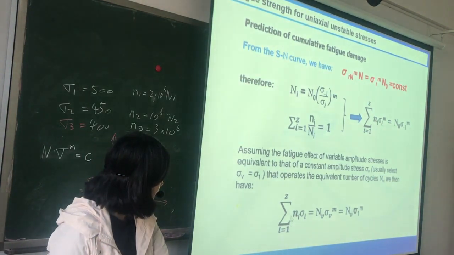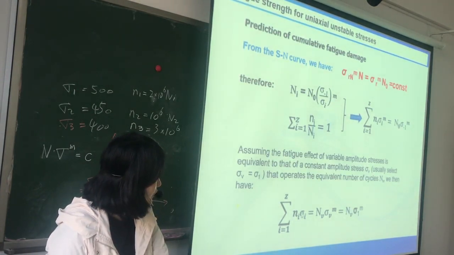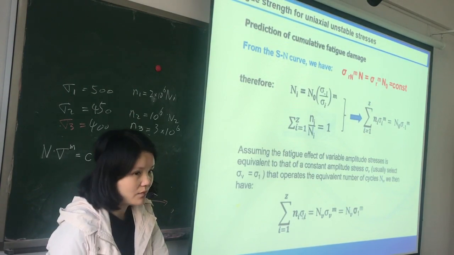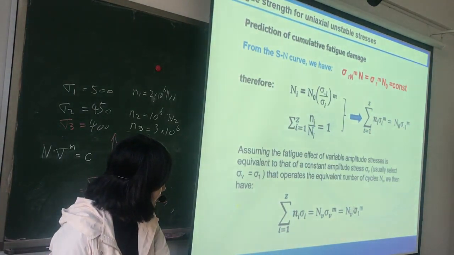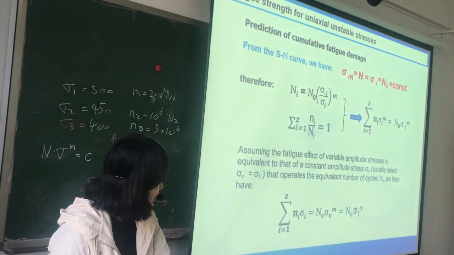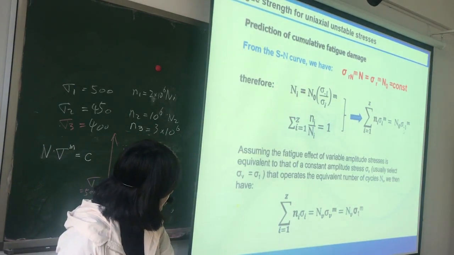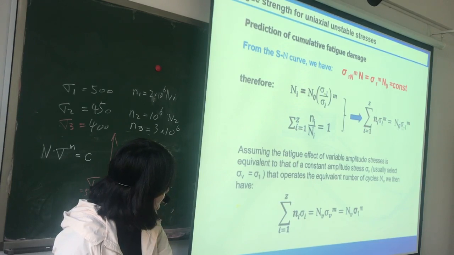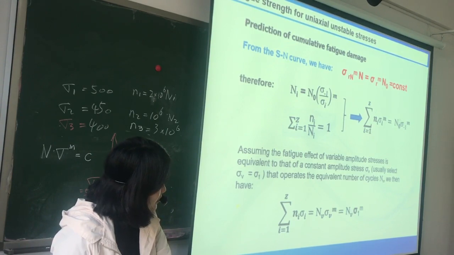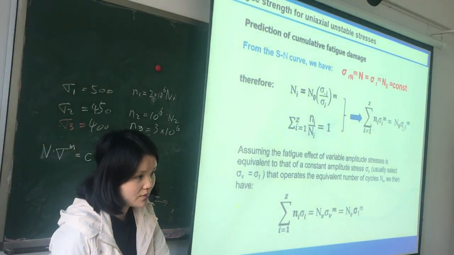Ni sigma i is for the spectrum of completely reversed stress, and N0 sigma minus 1 is for a stable, completely reversed stress.